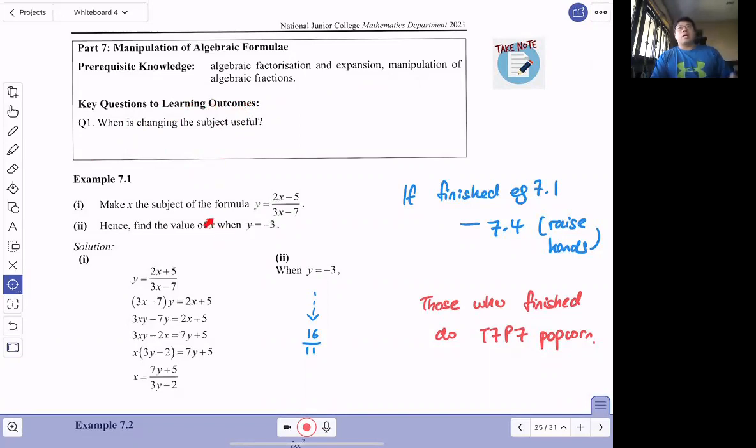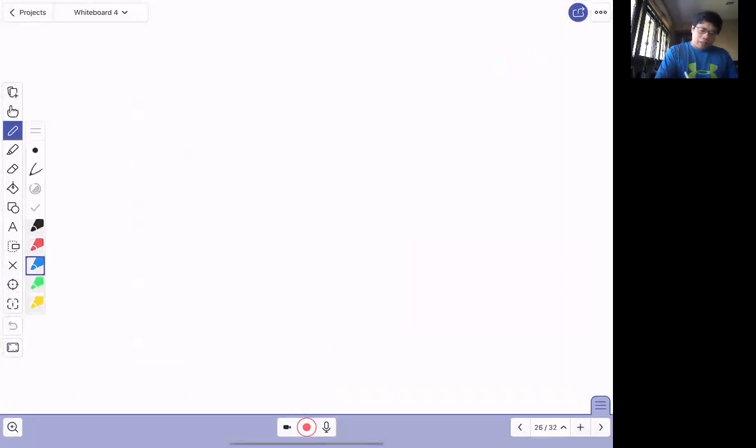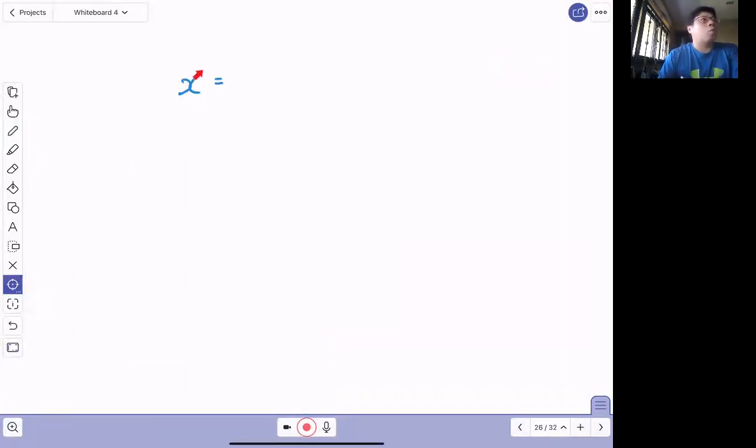So making x the subject means that you really want your x to be alone on one side of the equation by itself.